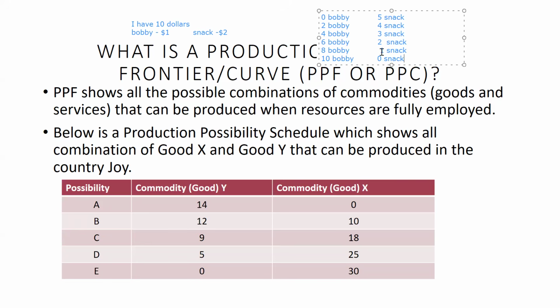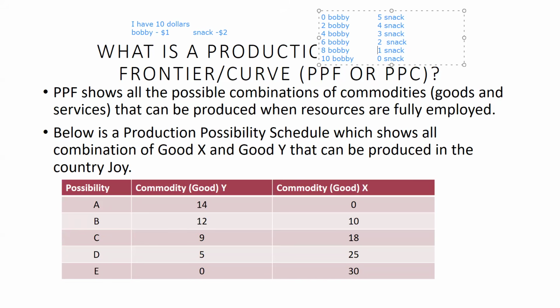Now, is it possible for me to get 5 snacks and 10 bobbies? No, sir. That would be what we call unattainable, because I don't have enough resources to get that. Now, if I get 3 snacks and 1 bobby, would I be using all of my resources?